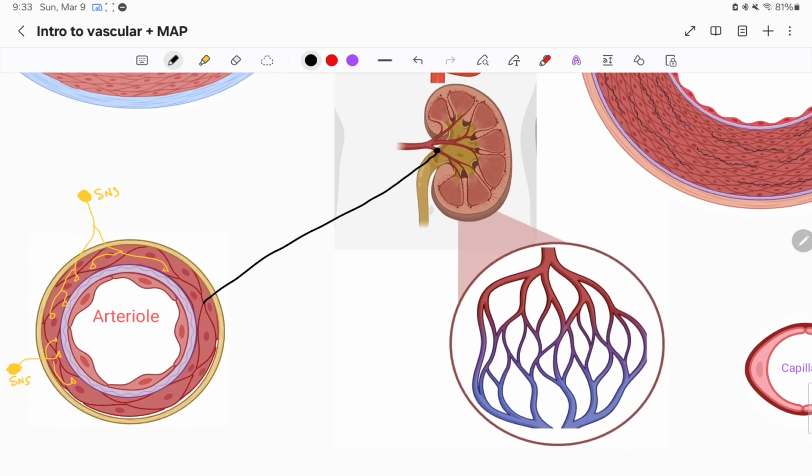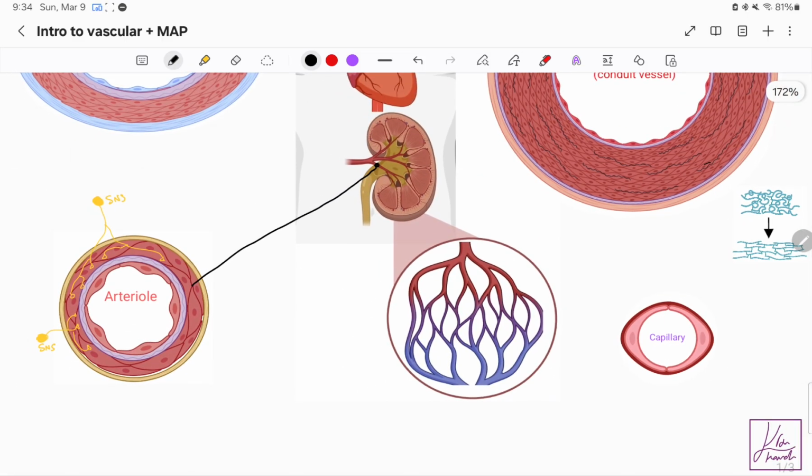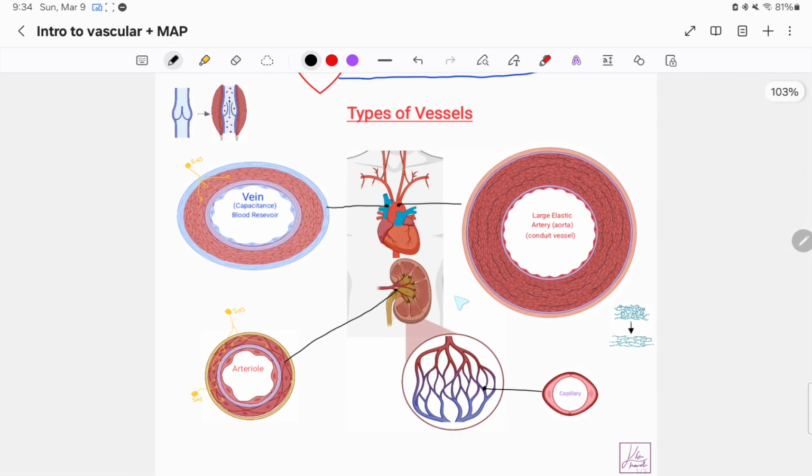Just know that this is an arteriole because it has entered inside of the tissue, supplying blood into the tissue. What about a capillary? Well, here's a capillary right here. And of course, if you want an example of a venule, then you would start talking about these.